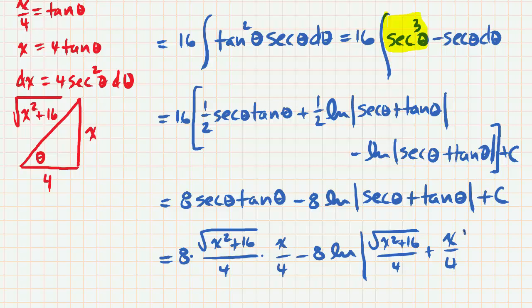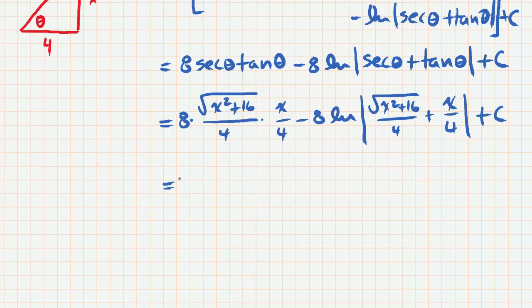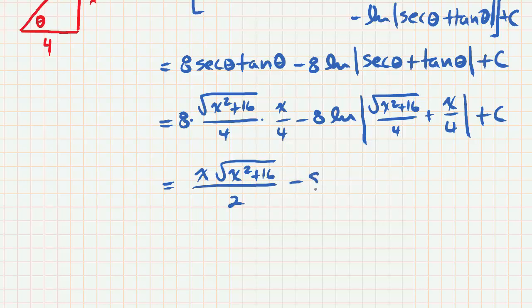Tangent is x over 4, so we have that. Now let's do a little simplification here. We have 8 divided by 16, which is 1/2. Let's rewrite this as follows. And then here we have minus 8 natural log absolute value square root x squared plus 16 plus x.